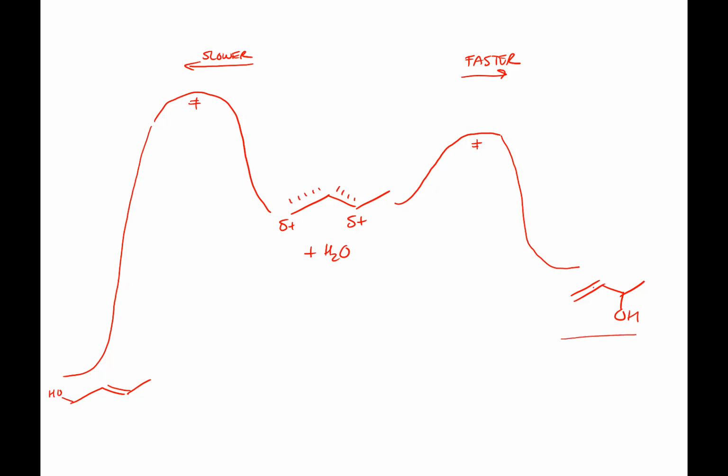This is like a terminal alkene versus this one being internal. So this reaction has opposite results. When you go through the lower transition state, you actually make the less stable product. If it made the more stable product, then there'd be no question about the reaction. So we've got kind of crossed results.